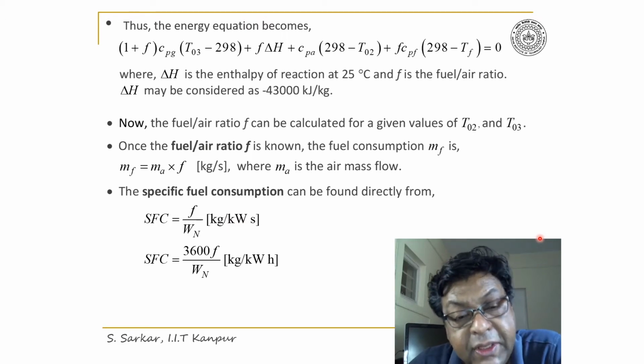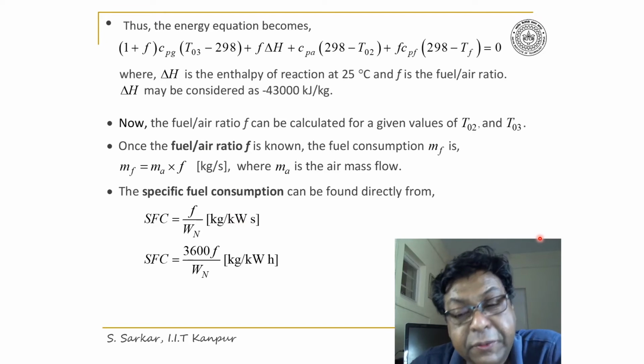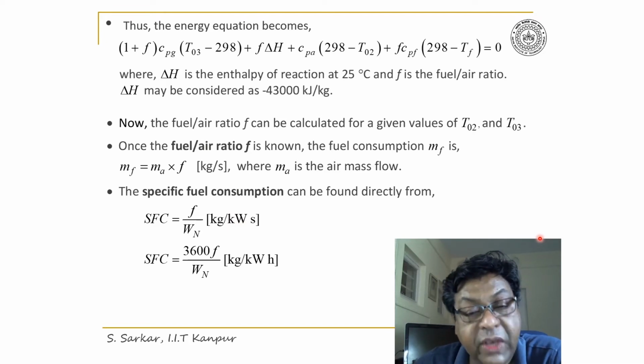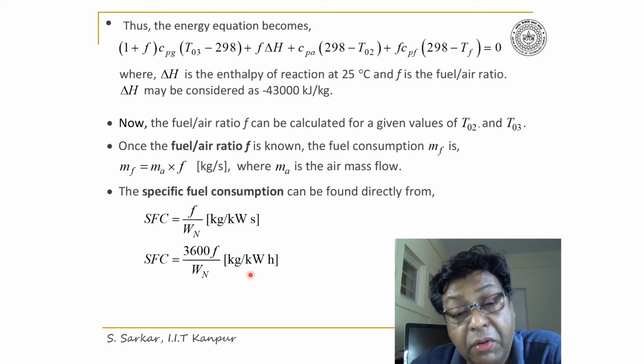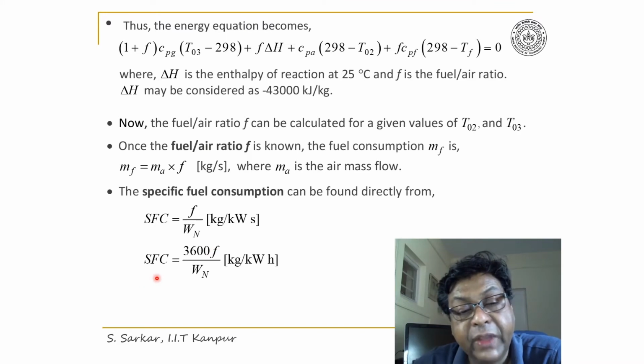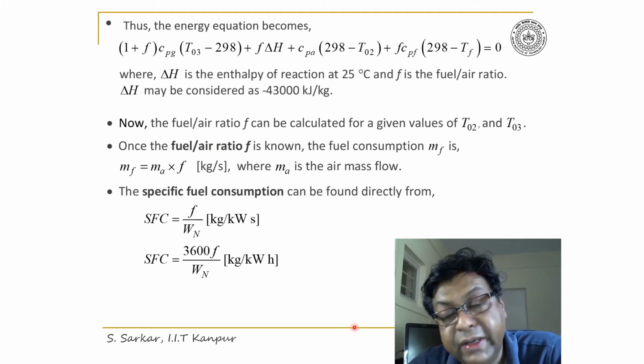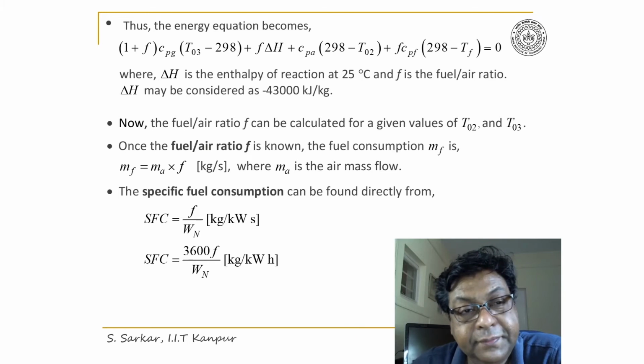Generally, the specific fuel consumption is expressed in kg per kilowatt hour. Thus, SFC is equal to 3600 F divided by Wn, and the unit would be kg per kilowatt hour.